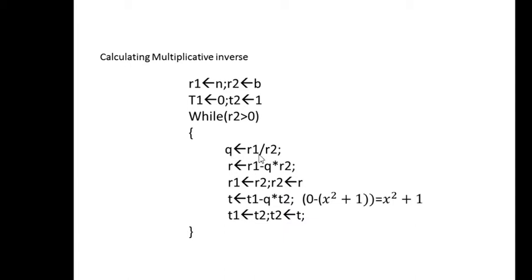So we find the quotient by dividing r1 by r2. r1 minus q times r2 is r. r2 is replaced as r1, r is replaced as r2, and we calculate t with this equation: t is t1 minus q times t2, that is 0 minus (x square plus 1) times 1, which is x square plus 1. And t2 is replaced as t1, t is replaced as t2.